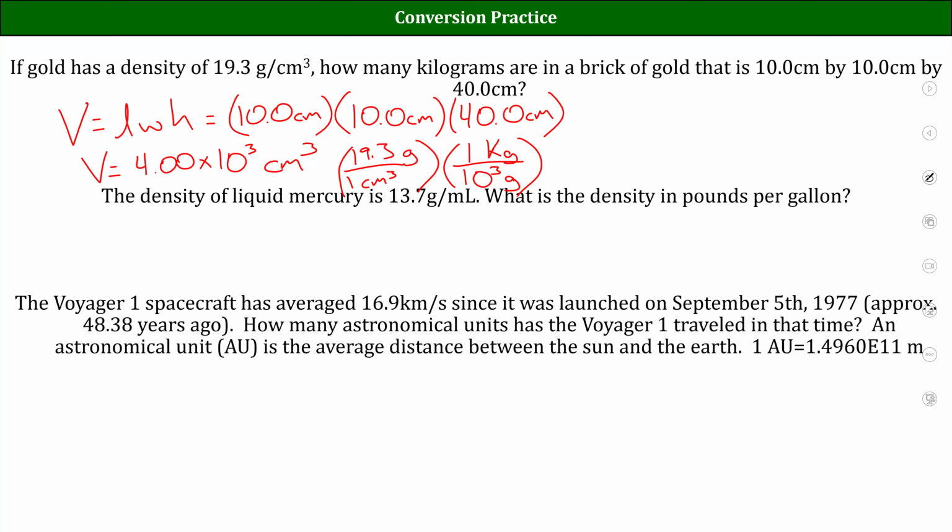And so once we get that volume, 10 times 10 times 40. Watch your sig figs, because we have 3 sig figs, 3 sig figs, 3 sig figs. So our volume can only have 3 sig figs, and so we can't just write 4,000. It is 4,000 cubic centimeters, but if we write it like this, that's an ambiguous number, right? We don't like ambiguous numbers.